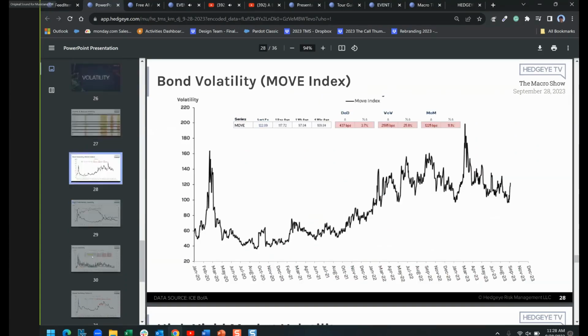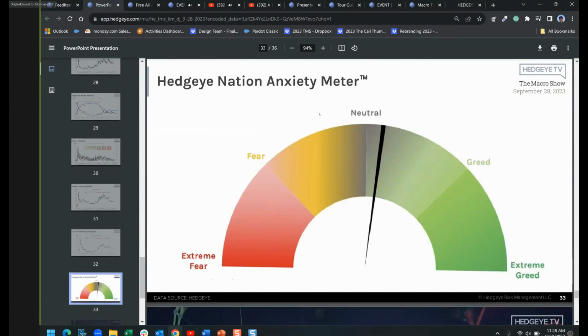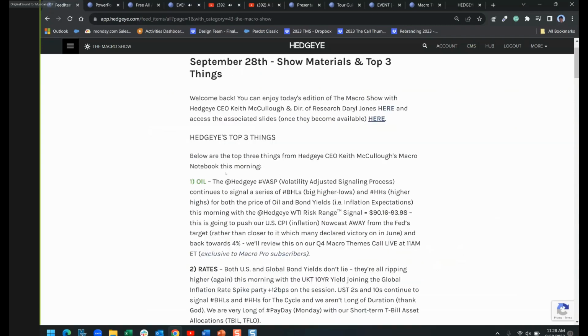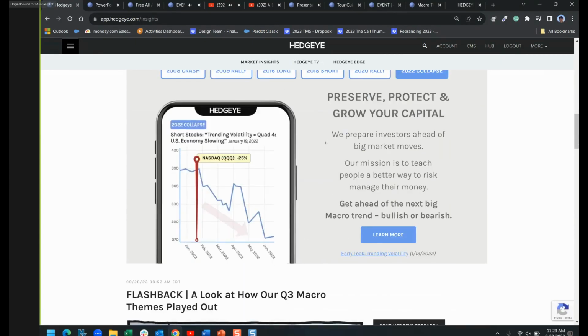It's basically there by around 4:30, because Keith's day starts at 4:30, so he's usually delivering the top three things and the risk ranges by 6 a.m. to the team here. So we're up early, we're grinding early, and we're grinding for Hedgeye Nation.